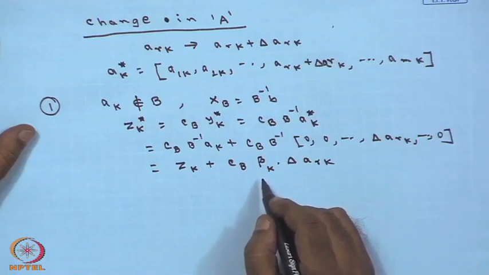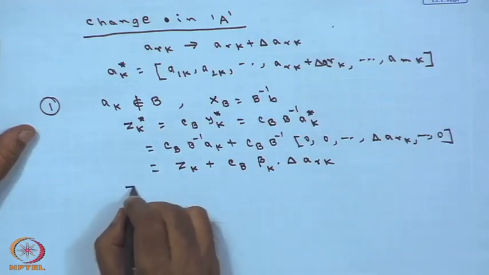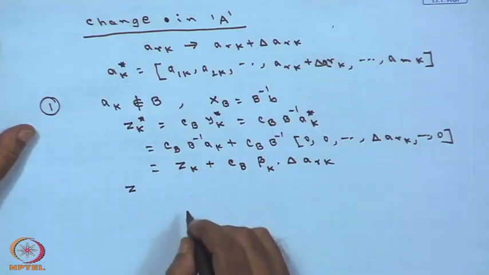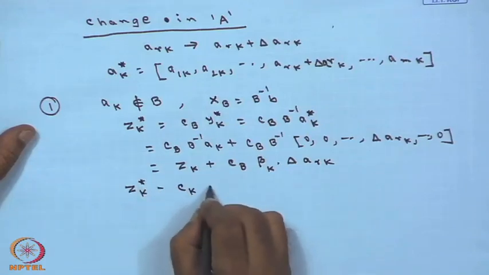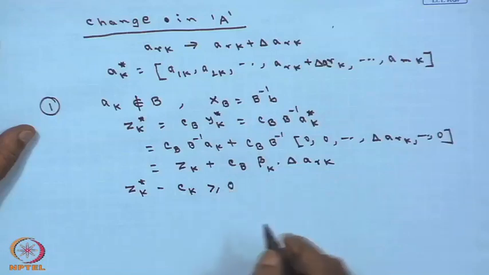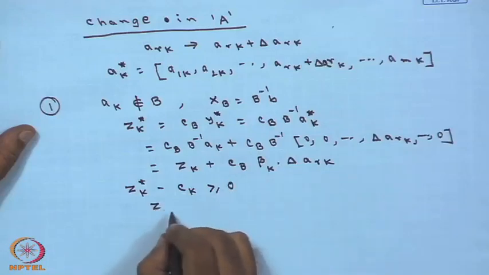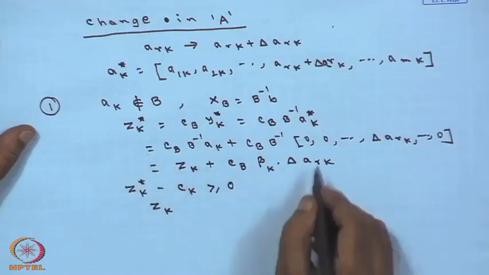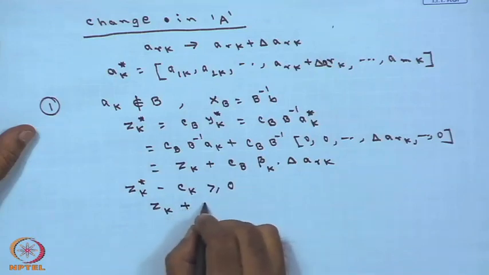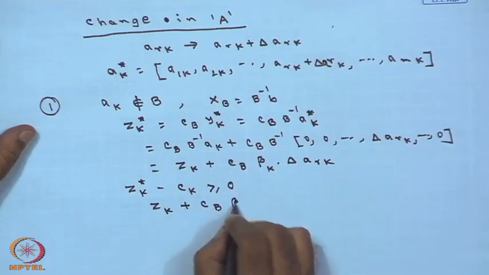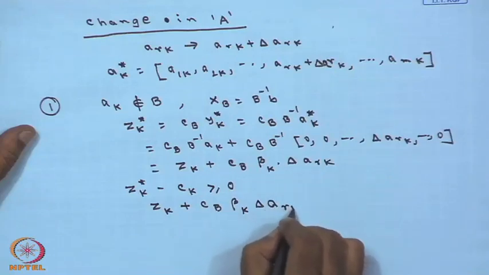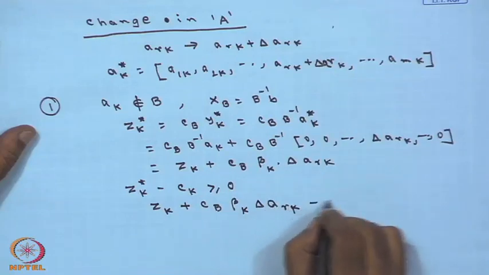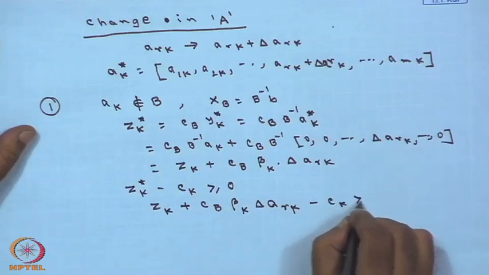Now, the condition for optimality is that z_k star minus c_k should be greater than or equal to 0, or if you substitute z_k star, that is z_k plus C_b beta_k delta a_rk minus c_k should be greater than or equal to 0.